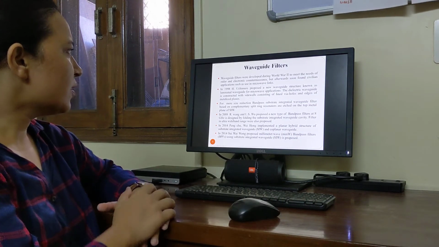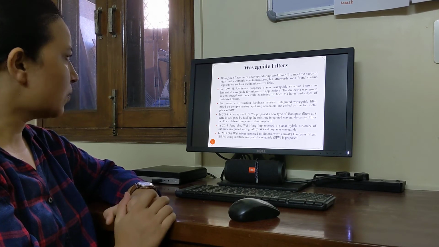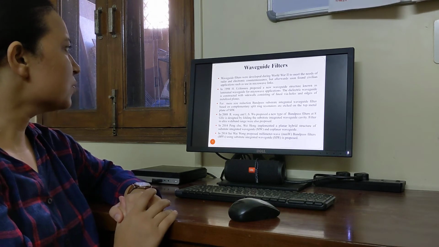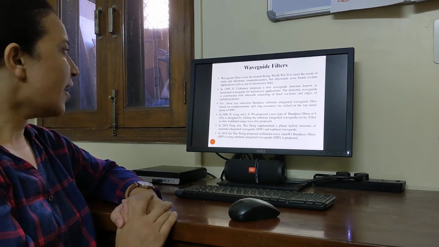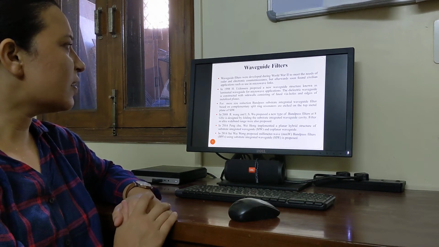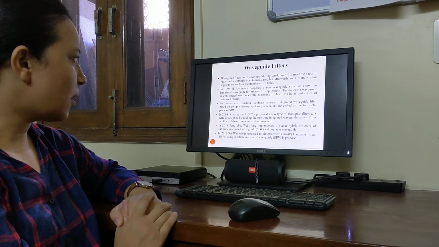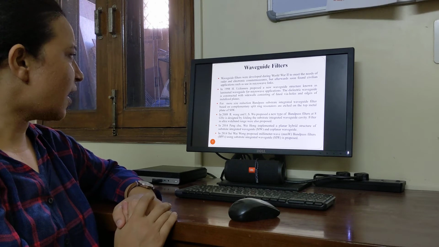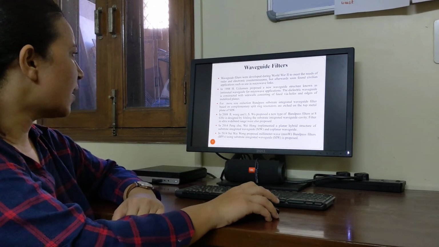Now waveguide filters were developed during World War II to meet the needs of radar and electronic counterparts, and soon after found civilian applications such as microwave links. In 1998, H. Uchimura proposed a new waveguide structure known as laminated waveguide for microwave applications. The dielectric waveguide is constructed with side walls consisting of lined wire holes and edges of metallized wires.